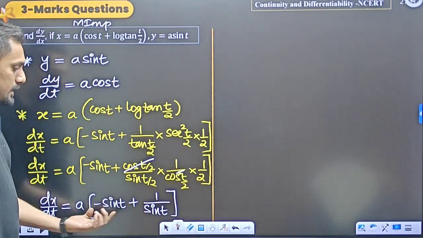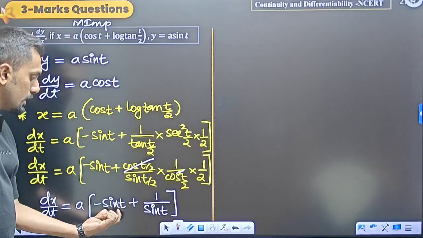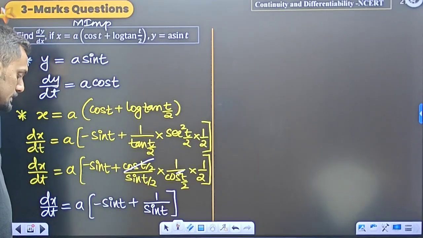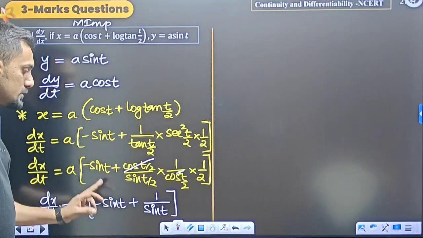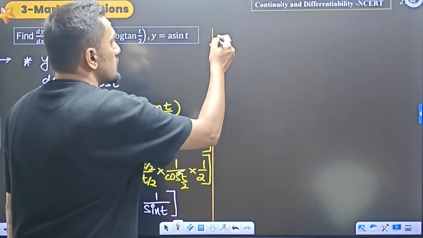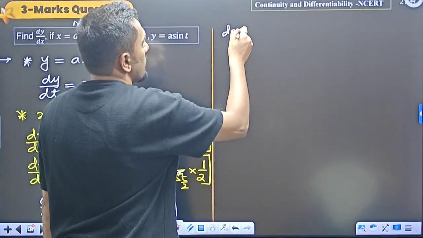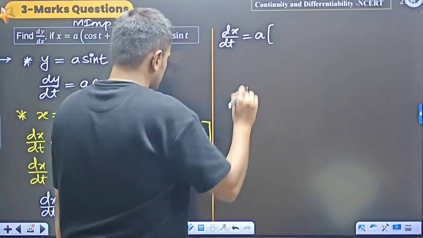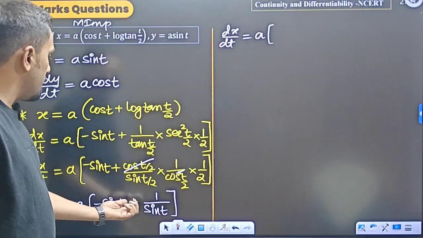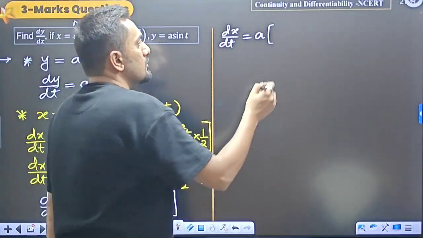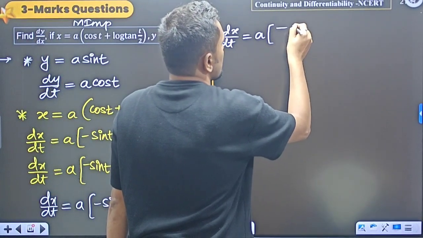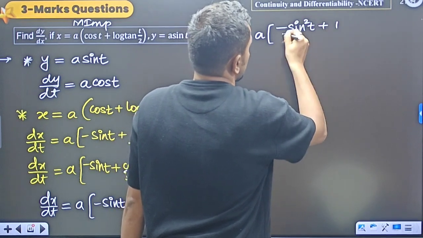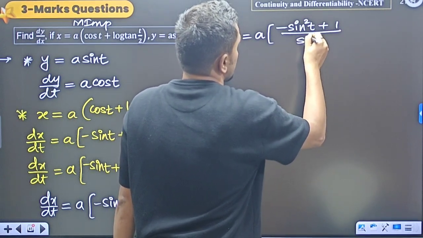Okay, taking the LCM, the first term has 1 in the denominator and the second has sin t, so the LCM is sin t. So I need to multiply this with sin t, then dx by dt is equal to a into minus sin t into sin t becomes minus sin square t, plus 1, divided by sin t.